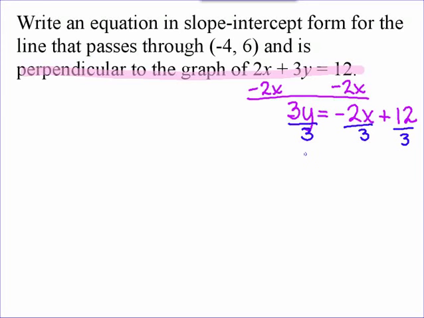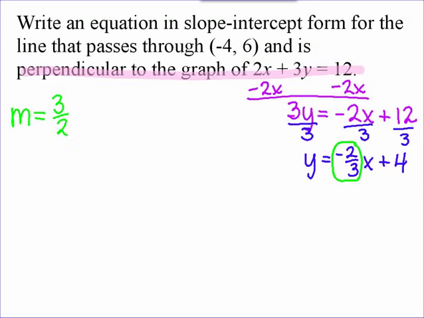So really, y equals -2/3 x plus 4. What is the slope of this line? Negative 2/3. But what is the slope of the line I'm trying to find? 3 over 2.